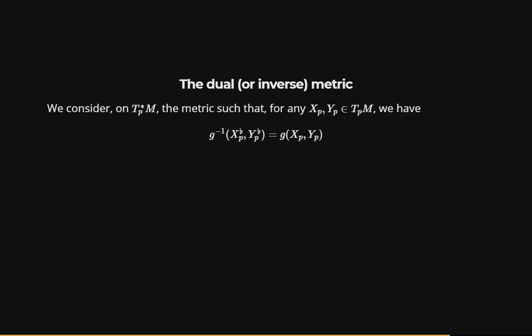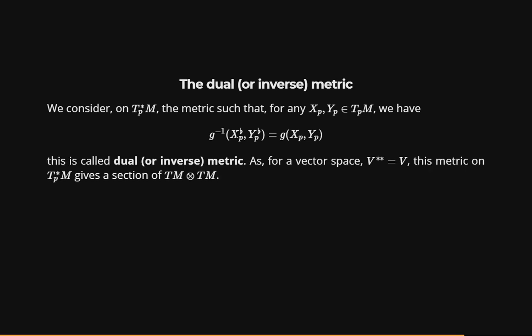If you take two vector fields x and y and you make x flat and y flat, so you lower the indices, you get two sections of the cotangent bundle. The inverse metric on those two sections should be the original metric on the two vector fields. So g^-1 of x flat, y flat is g of x, y.